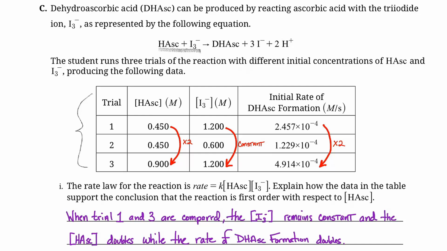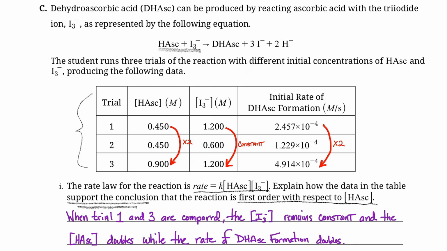But more importantly, getting to question CI, they're giving you the rate law and they're telling you it's first order with respect to the ascorbic acid. They're a funny way of writing it there. What they want you to do is support the conclusion. This kind of FRQ seems to be a lot of giving you the outcomes, and now you explain that. I'm seeing that multiple times here.